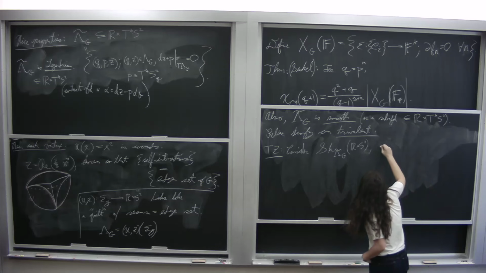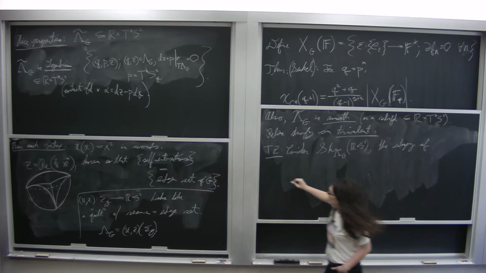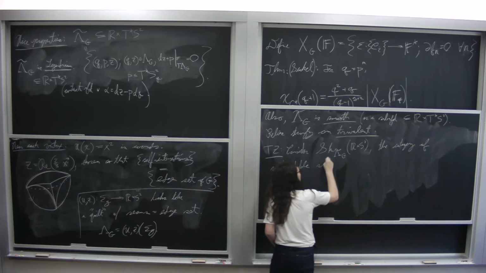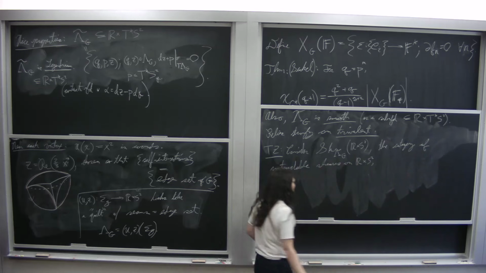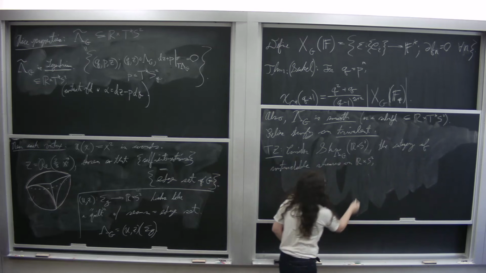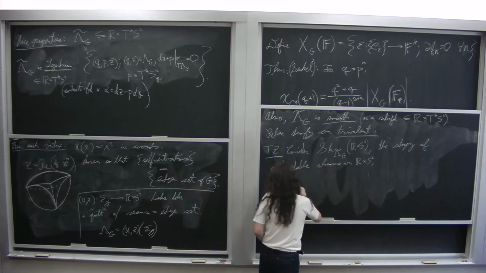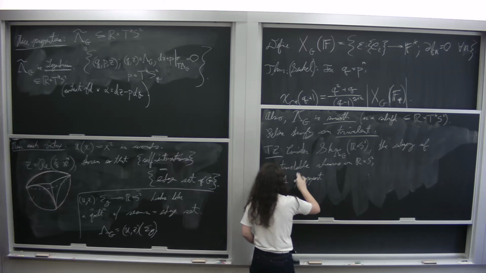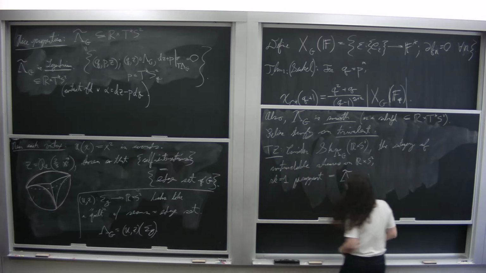I'll say this is the category of constructible sheaves on R cross S2, so that we'll say the rank equal to 1 microsupport, singular support, is equal to this lambda G tilde.